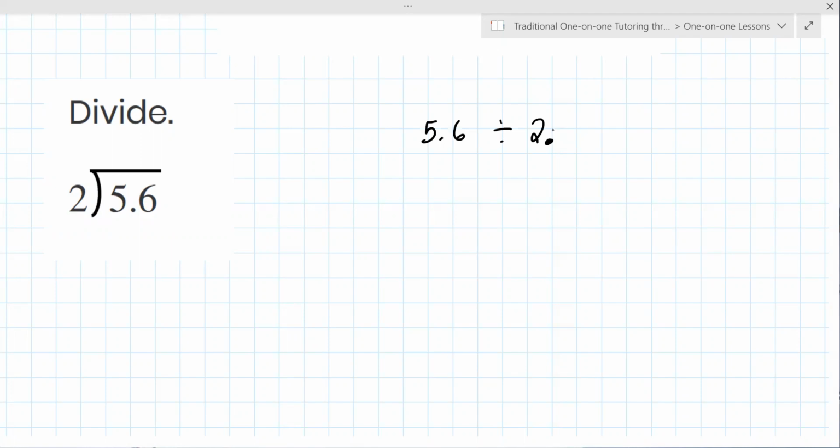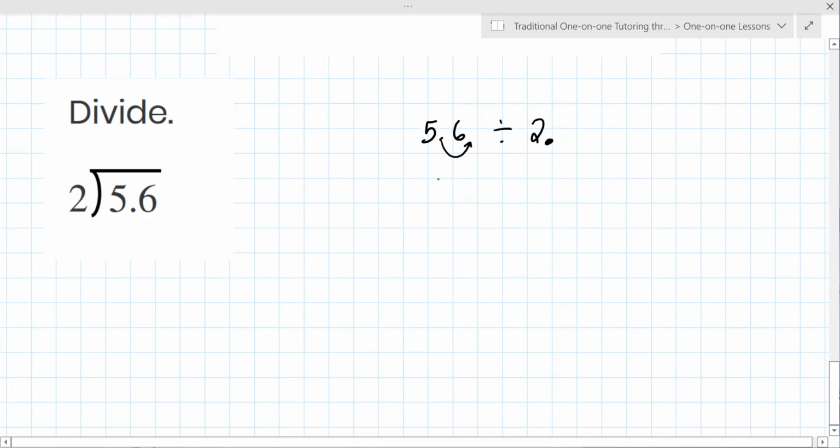So which way do we move the decimal in this problem? To the right, and we move it one time for each. So in that empty position, you put a 0 in. So this is really 56 divided by 20. The 20 goes on the outside, and 56 goes on the inside.